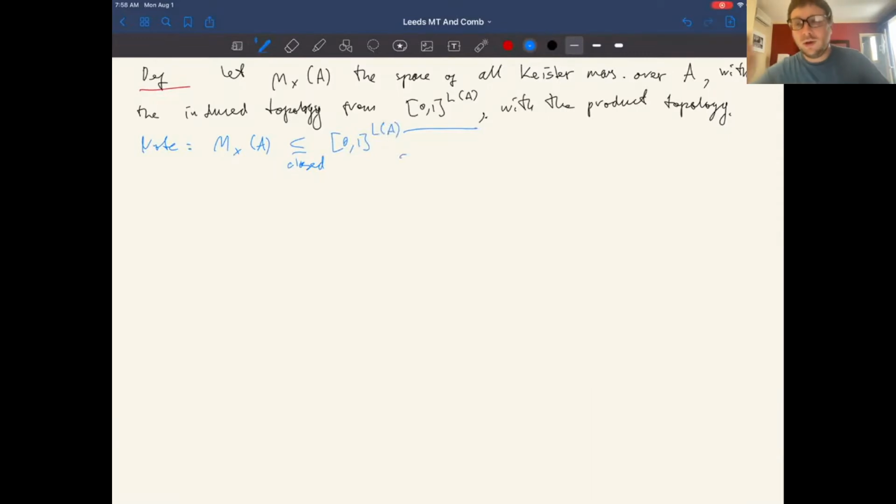One just needs to check that the conditions on a measure define a closed set. Let me leave it as a little exercise for you to check. And since it's closed, in particular it's compact. So we have that this is a compact space of measures.